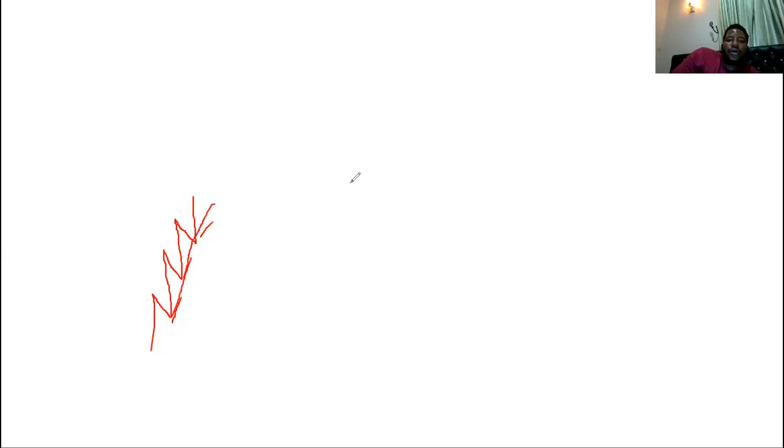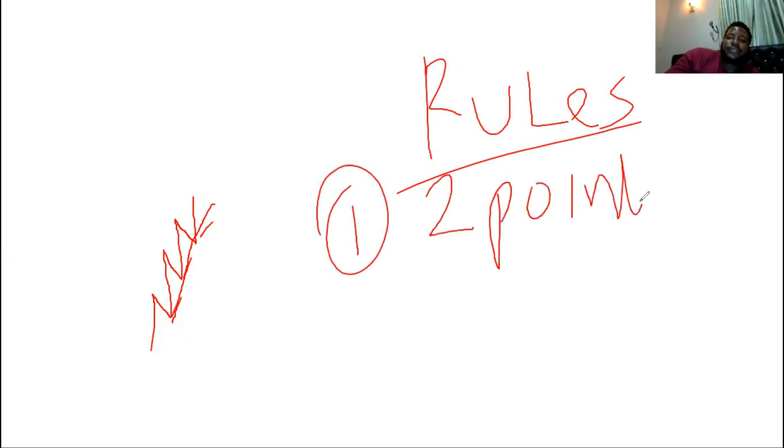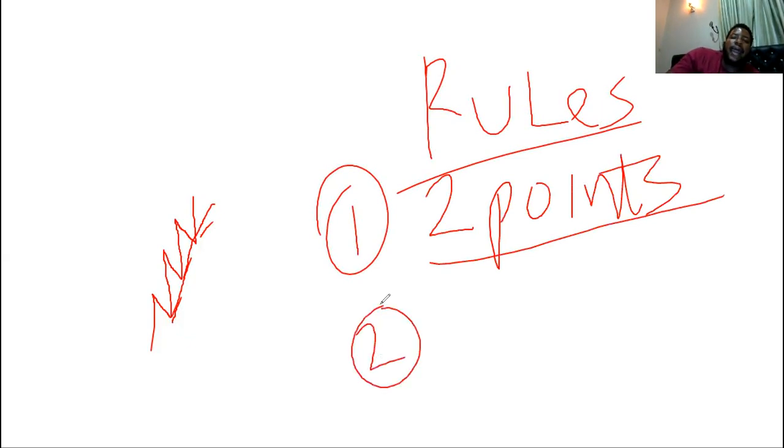Okay, so the rules for a trend line. Now, for a trend line to stand, number one, it must touch at least 2 points. Emphasis on 2 points. A trend line must touch at least 2 points, and two, it can touch multiple points.